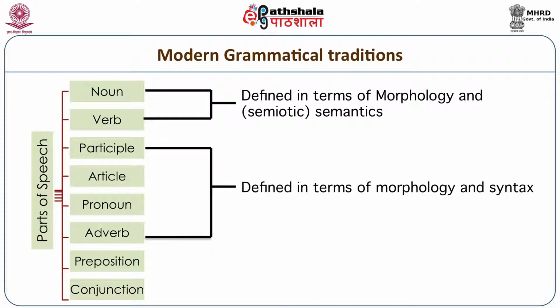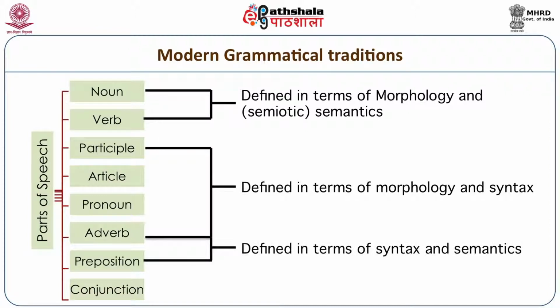Nouns and verbs are defined in terms of morphological criteria such as presence or absence of inflection, therefore unifying things like participles with nouns, but also with verbs because they share a common semantic property.